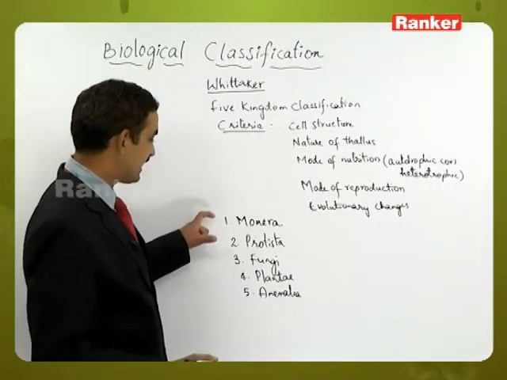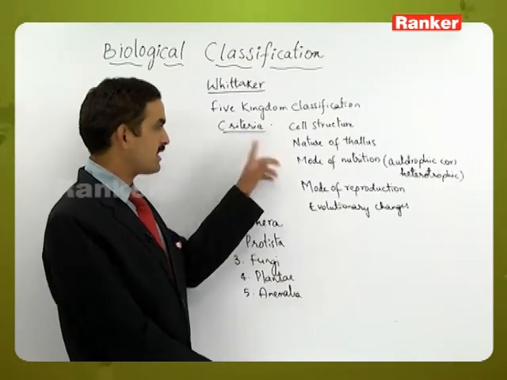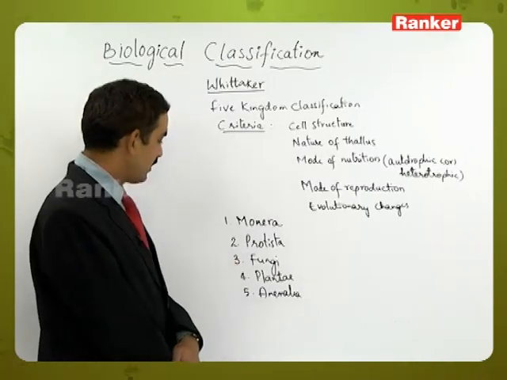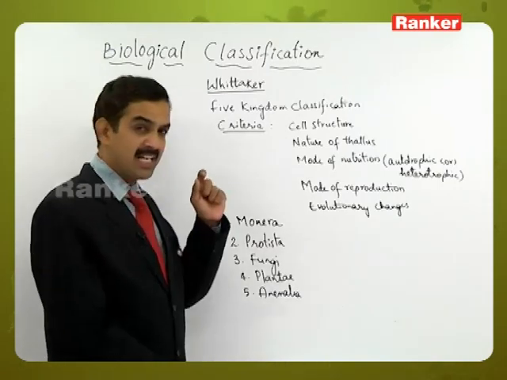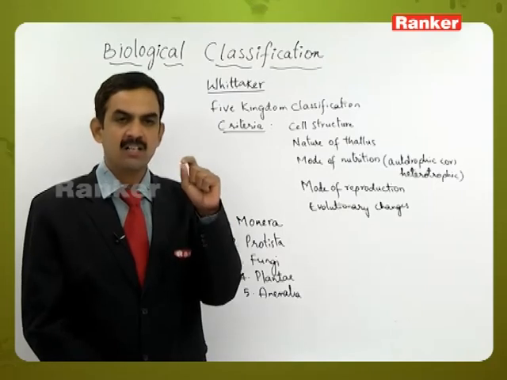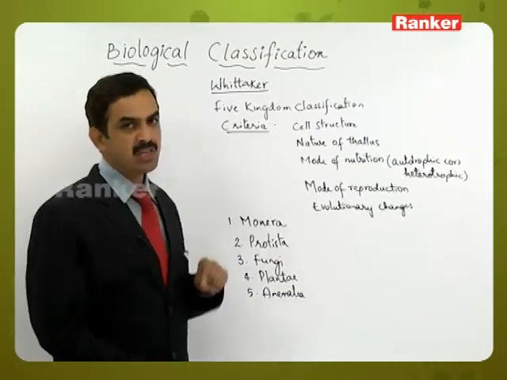So these are the 5 kingdoms given by Whittaker based on these criteria. Why they have been categorized into 5 groups is that they considered particular criteria, and the organisms satisfying a particular criterion have been kept under an individual kingdom.